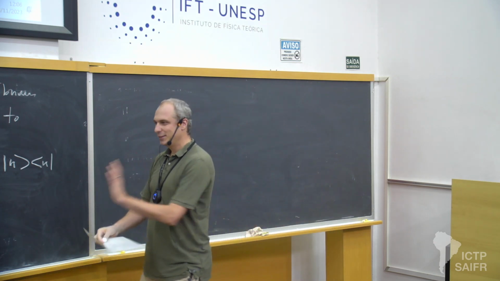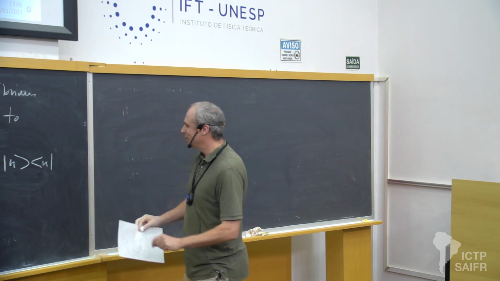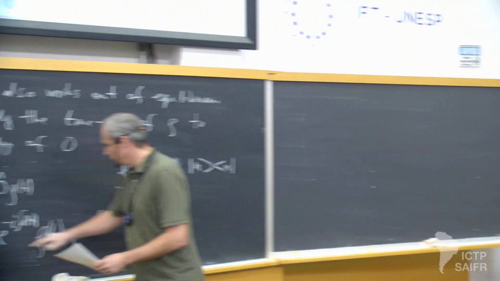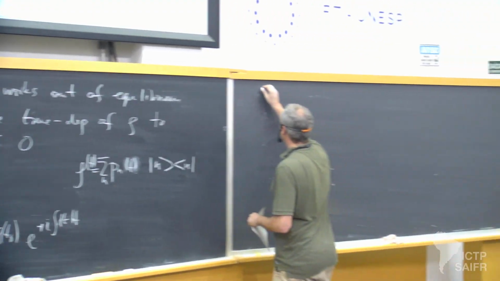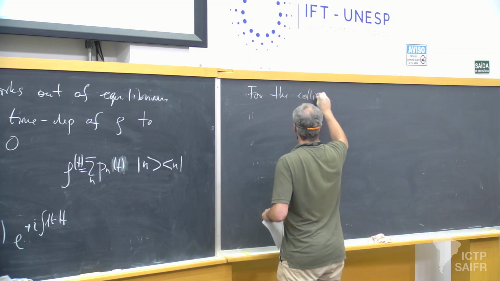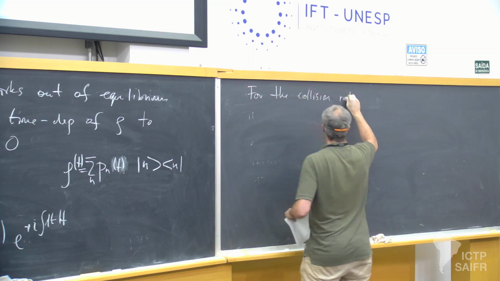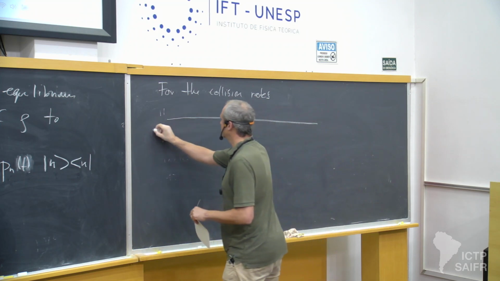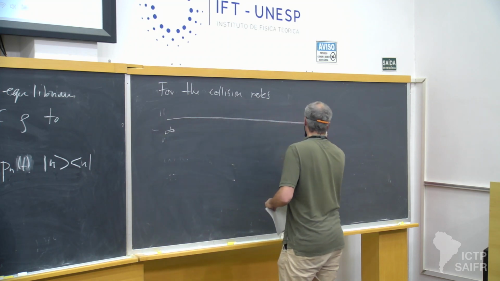All right, so at this stage, I will switch to pictorial form and just explain how this will change your formalism. So for the collision rates, we basically integrated from minus infinity to plus infinity.